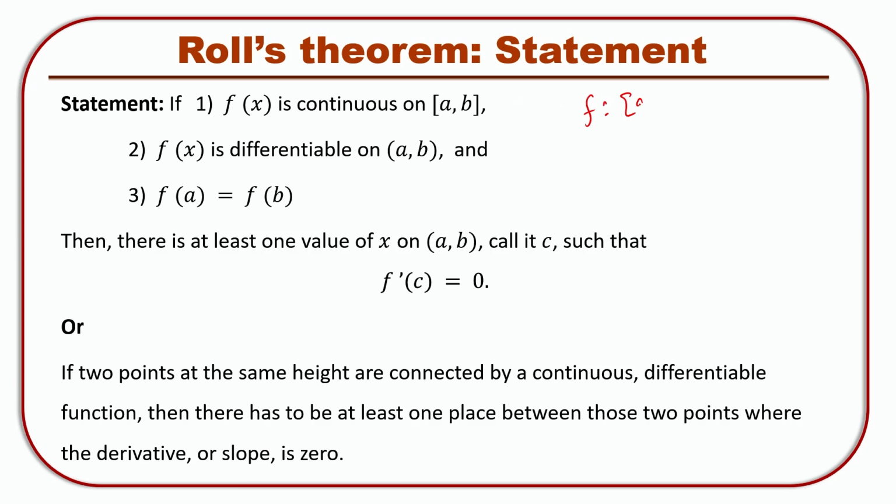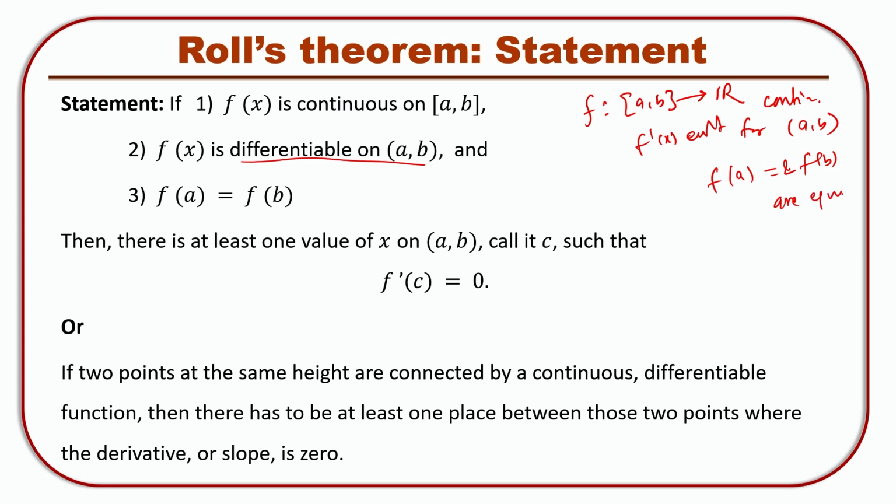So if we have defined f from [a, b] to R as a continuous function, and f(x) is differentiable in the open interval, that is, f dash exists for the open interval (a, b), and f of a and f of b are equal, then there exists c belonging to (a, b) such that f dash of c is going to be 0.